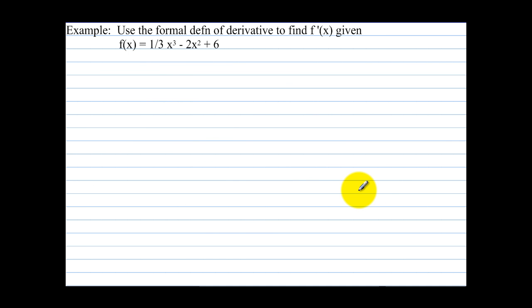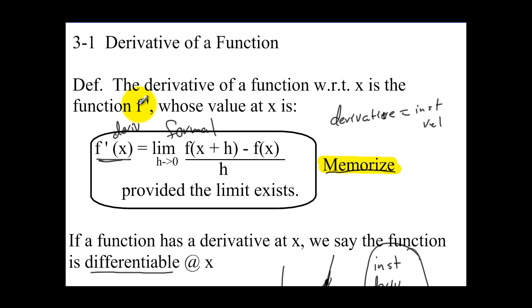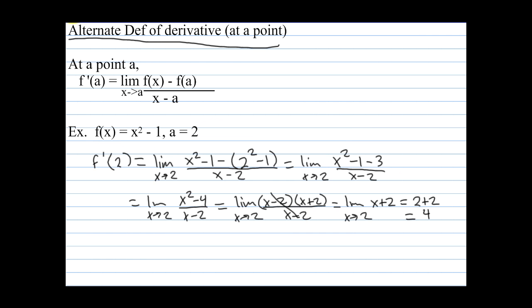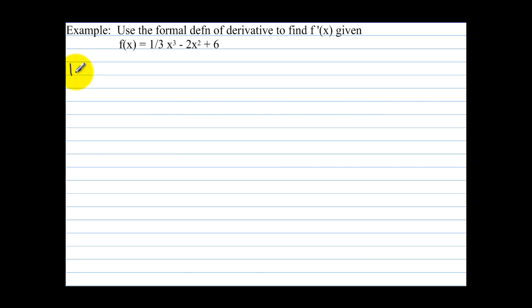Let's look at an example using the formal definition of derivative to find f prime of x given this function here. So we're going to go back to the very first slide, and we're going to use the formal definition to find this derivative. So we have the limit as h approaches 0 of f of x plus h.